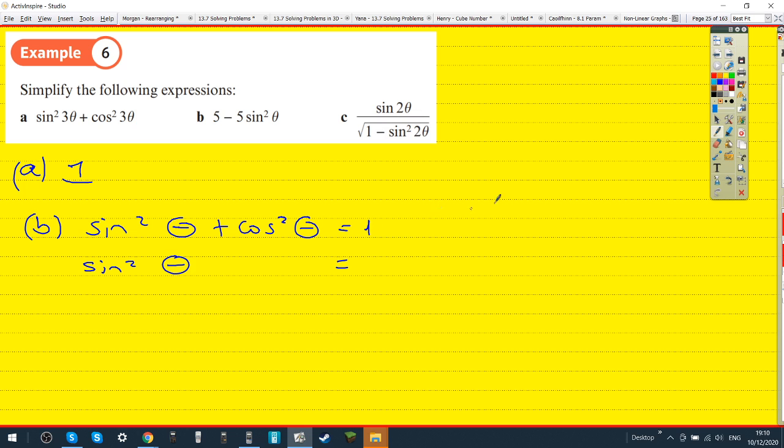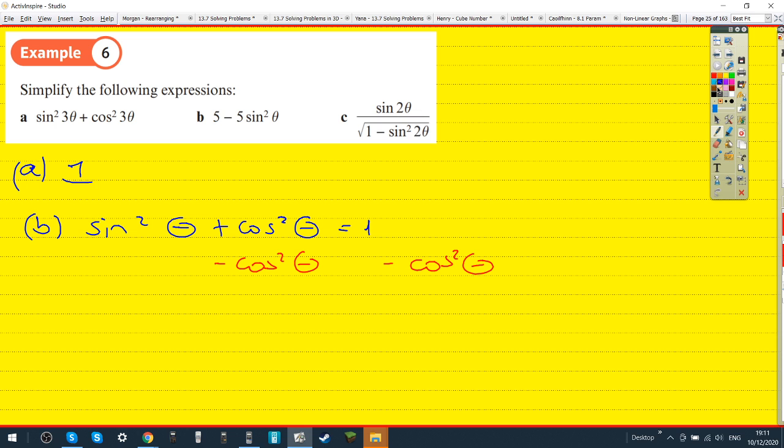Sine squared theta plus cos squared theta gives you 1. What is sine squared theta equal to? Subtract cos squared theta from both sides. You get minus cos squared theta.